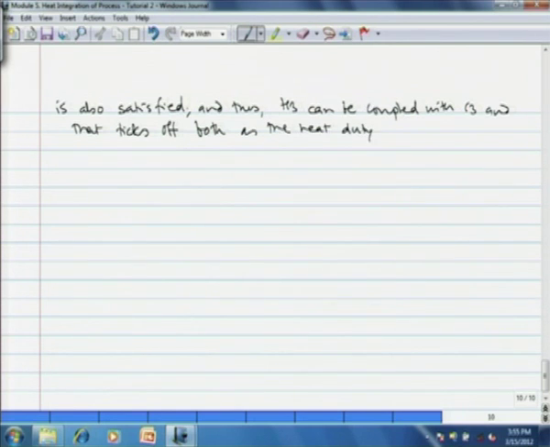Heat duty on both streams is satisfied with 4 megawatt exchanger.